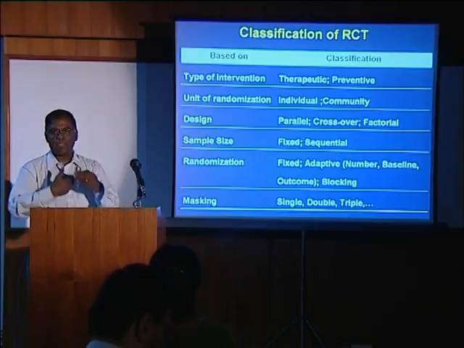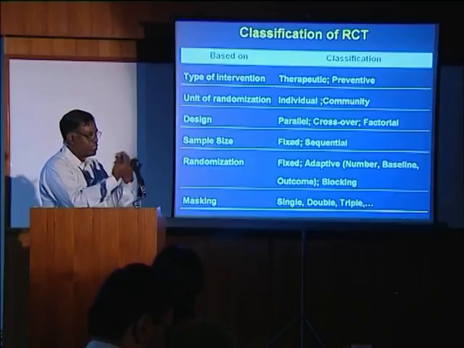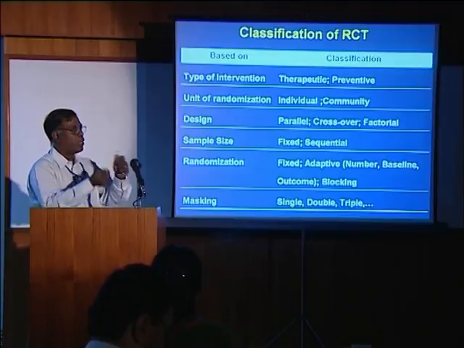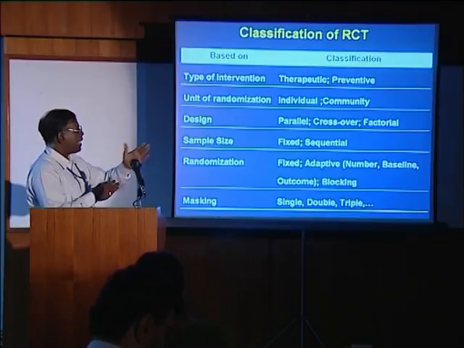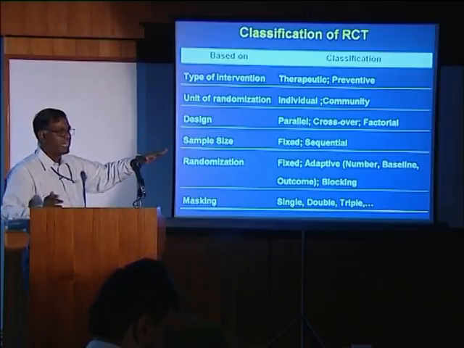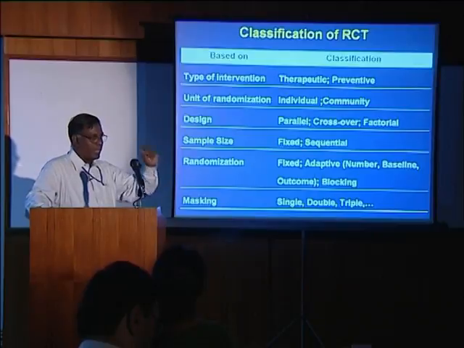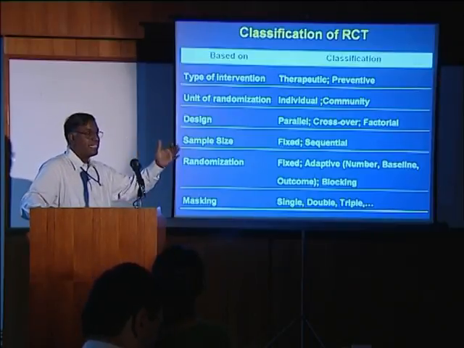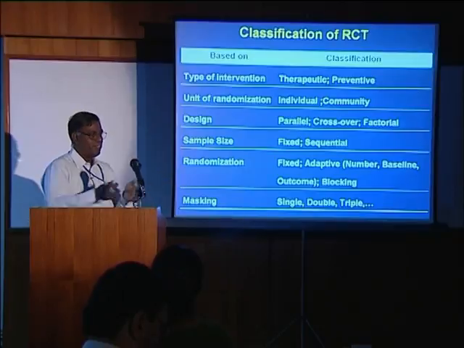The design is in such a manner that once an individual enters, we have a decision whether we have to take the next person or stop the trial there. This became very popular during the Second World War, because at that time they wanted quick, fast results, and the whole design of sequential trials was developed and improved during the Second World War period.